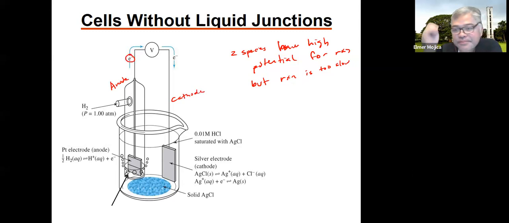The electron. The electron will always travel from A to C, anode to cathode. So what is happening in the anode? So it's the reaction here that you have what? H2 producing 2H plus. Tama ba ako?